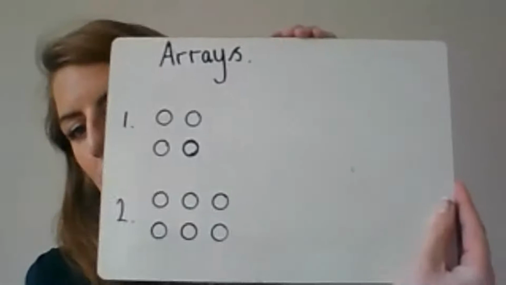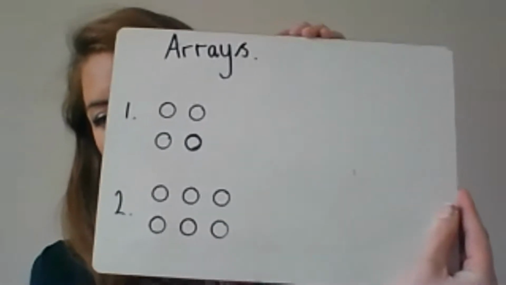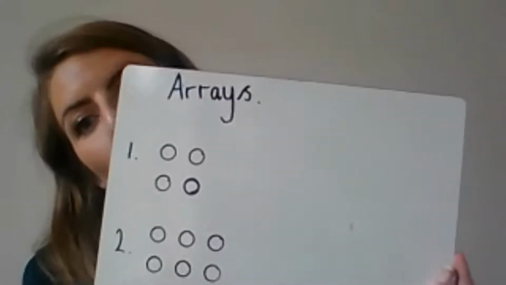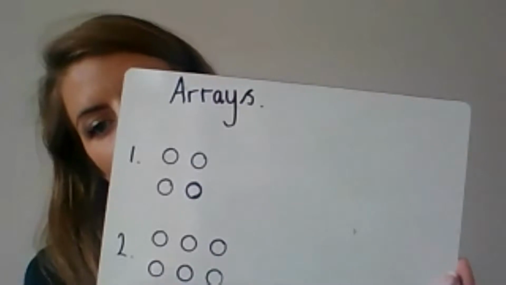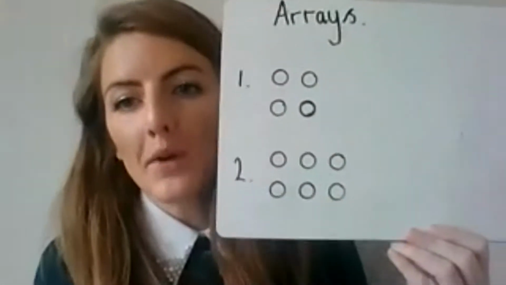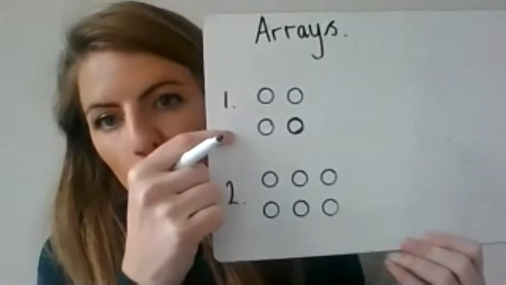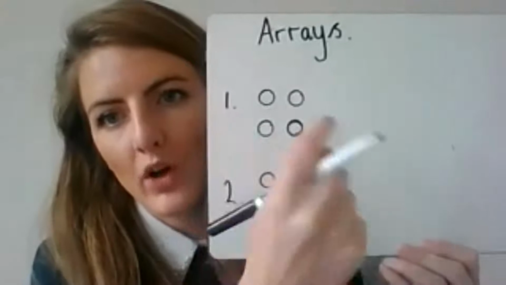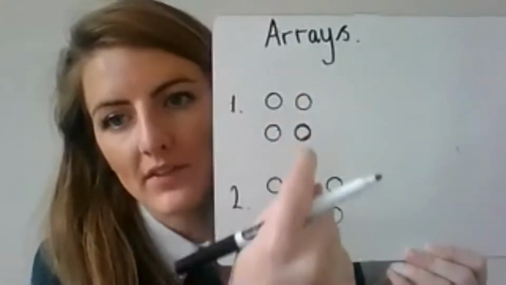So these are arrays. I've drawn some here, and it makes it easier. We could count every single circle there, or we could use our number facts to make it really quicker, and our multiplication statements. So for this one, instead of counting in ones, 1, 2, 3, 4, I'm going to count in twos. I like to do rows first, but you can do columns if you like.